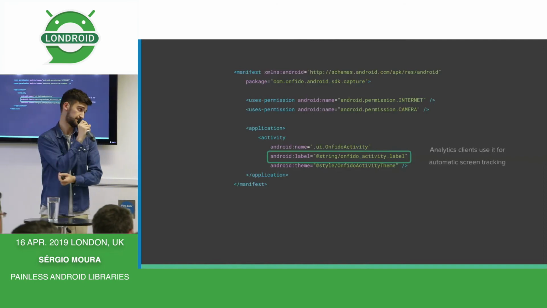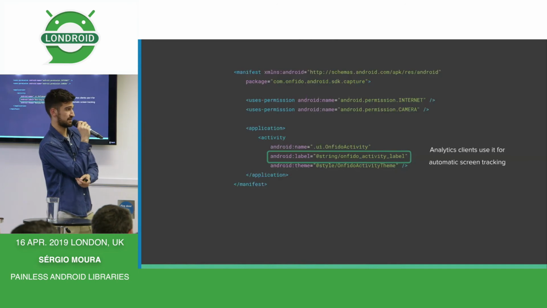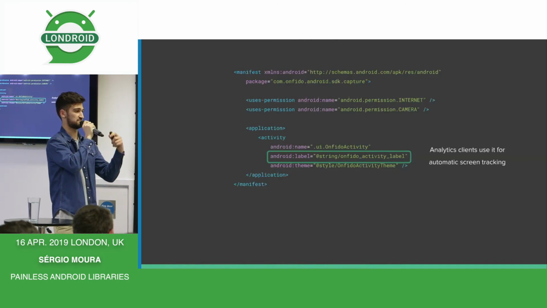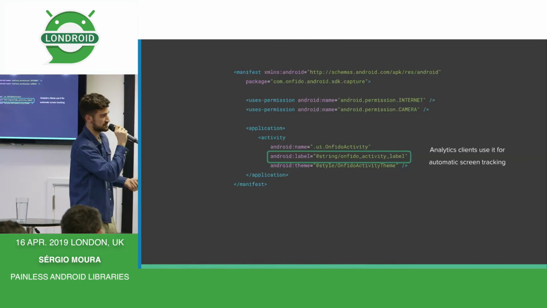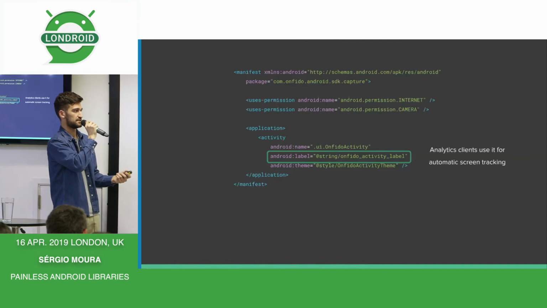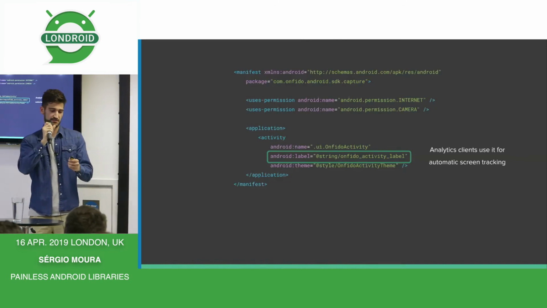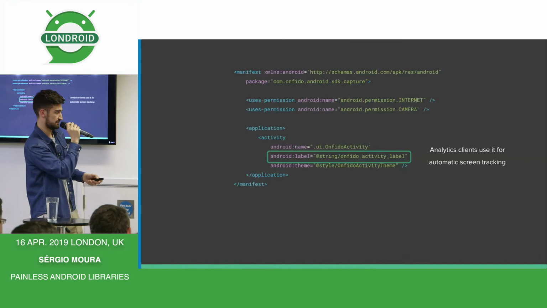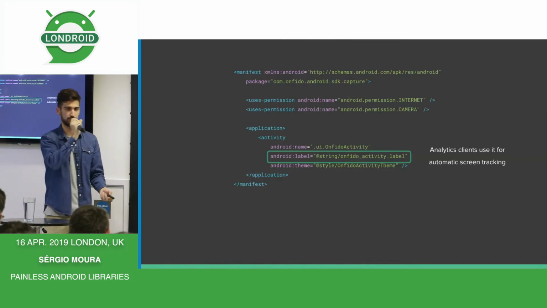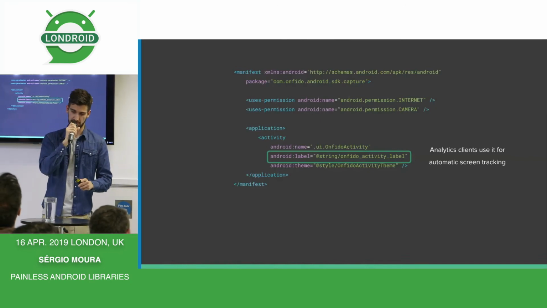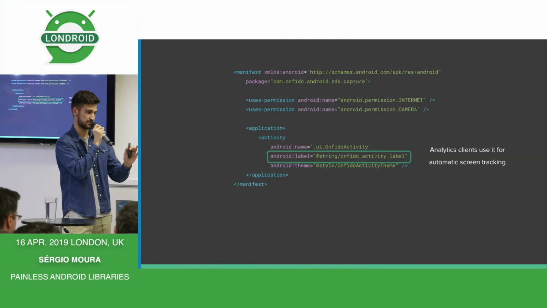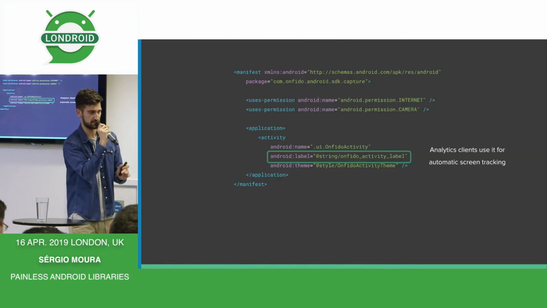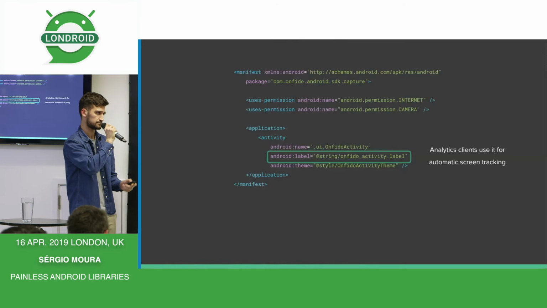However, analytics clients, like libraries that track analytics, often use it for automatic screen tracking. If you use analytics, you know that most of the libraries allow you, with a simple method call in the initialization, to automatically track every screen view that your users pass in your app.